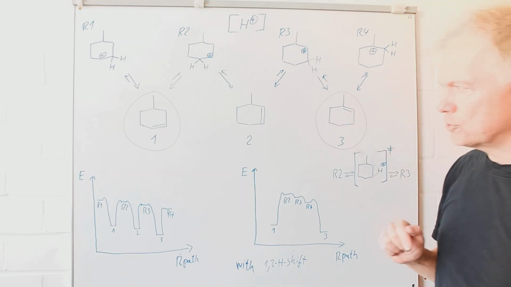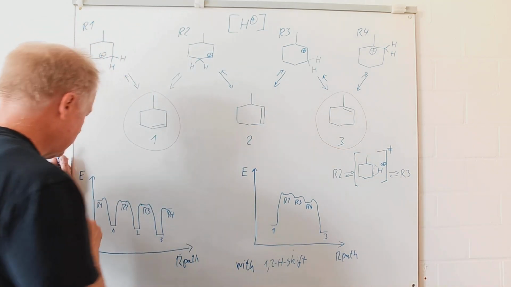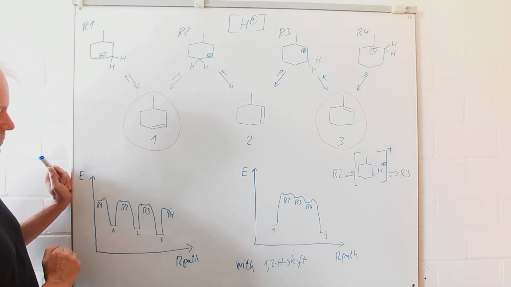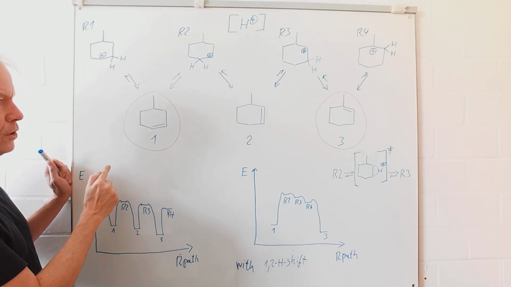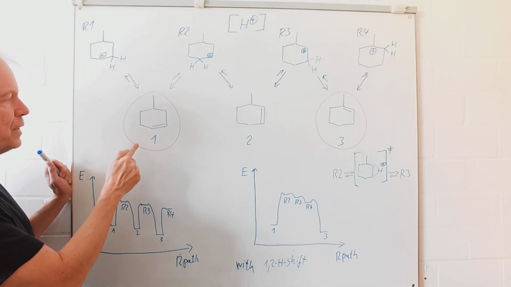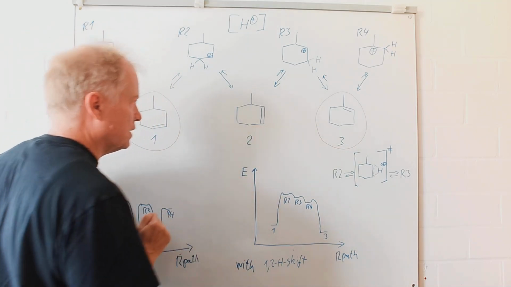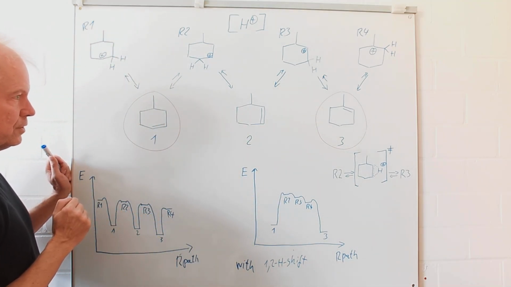So let us now construct the diagram of energy and reaction pathway. First of all, we should compare the energy level of these 3 olefins.